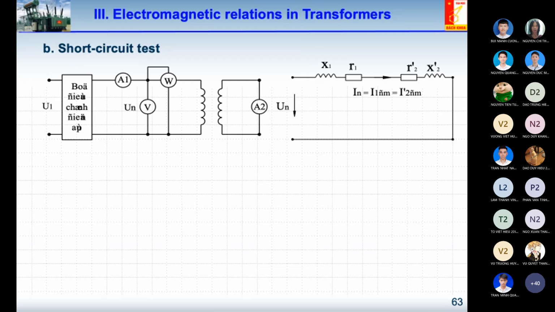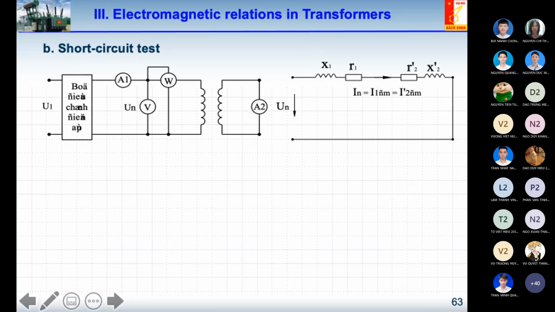it means that we have to reduce the input voltage of this transformer by using the auto transformer here. Okay, and when you do the experiment, you have to increase the voltage from zero to a value depending on the rated current here.